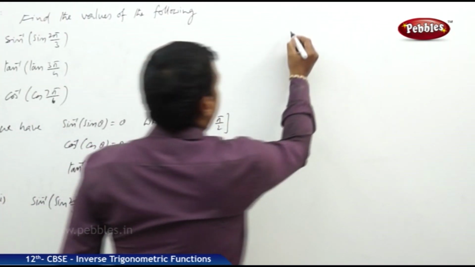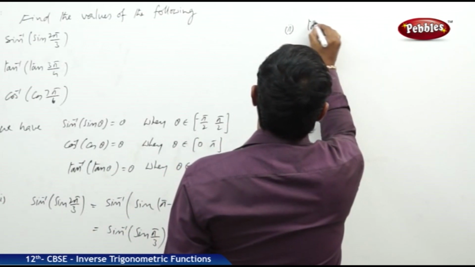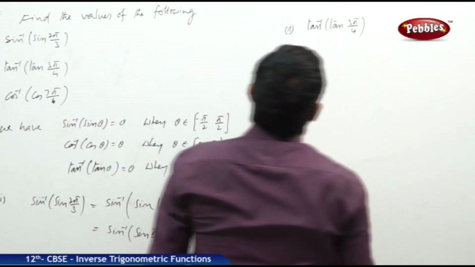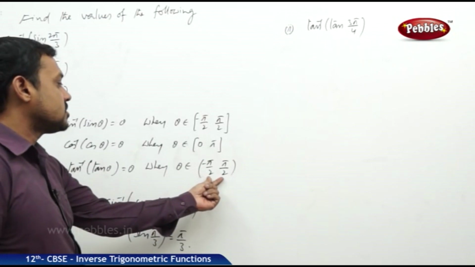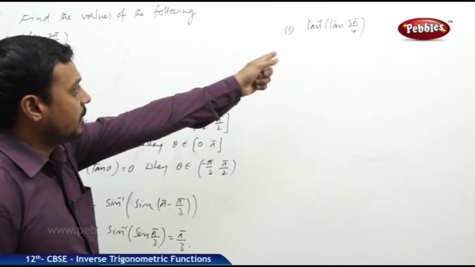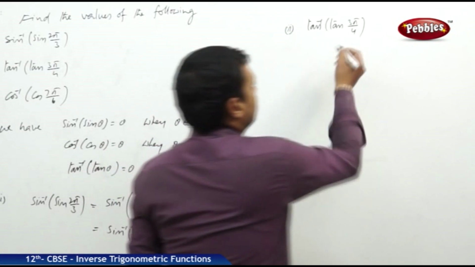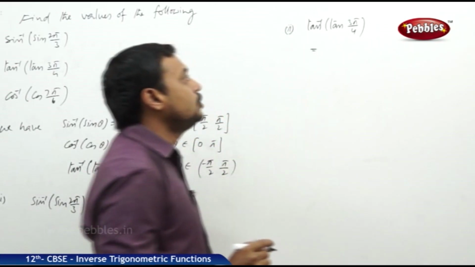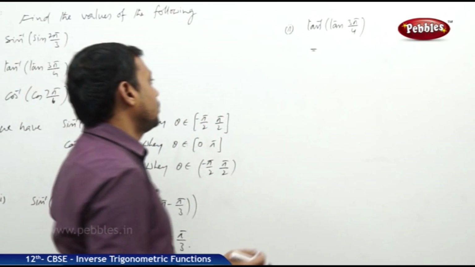Next, second bit: tan inverse of tan 3 pi by 4. See, 3 pi by 4 is also not in the principal domain minus pi by 2 to pi by 2, that is, 3 pi by 4 is more than pi by 2. So here we try to reduce the angle 3 pi by 4 into the interval minus pi by 2 to plus pi by 2.